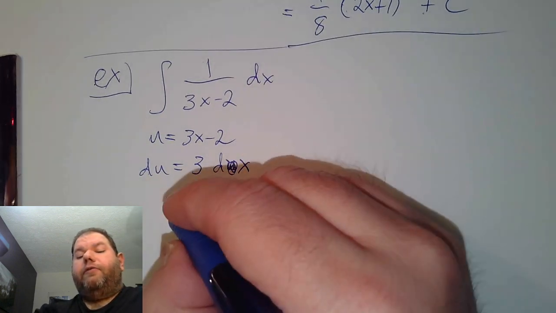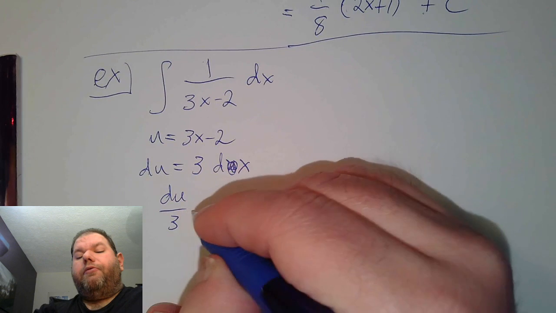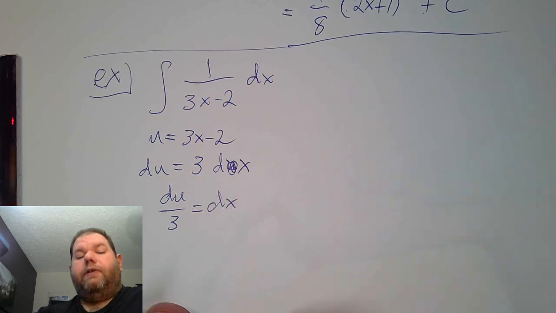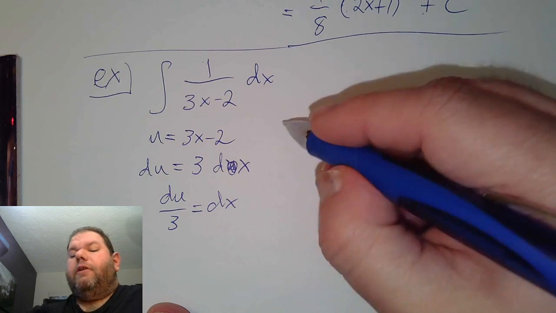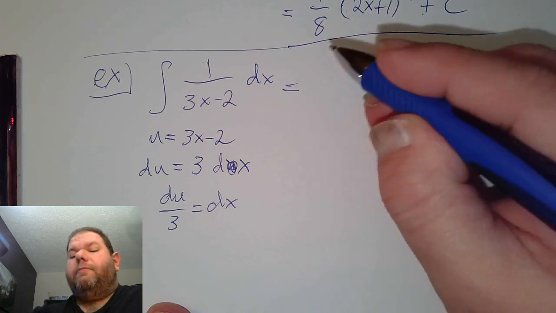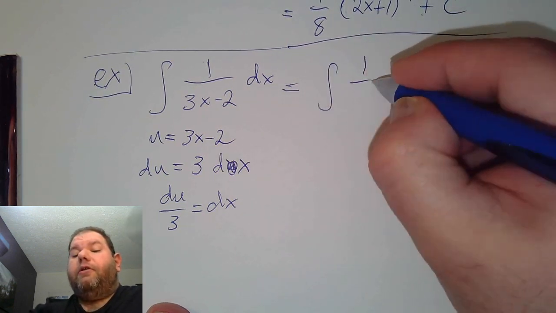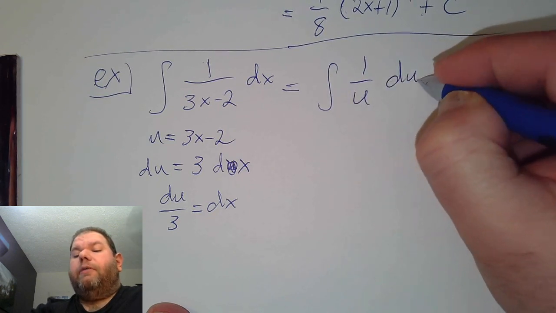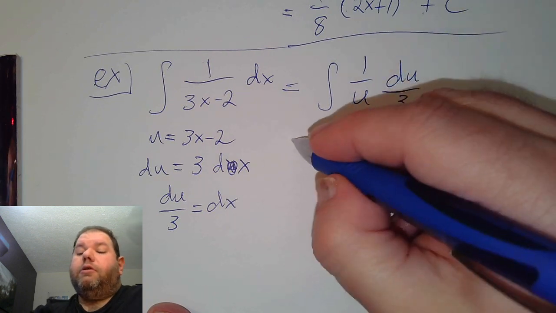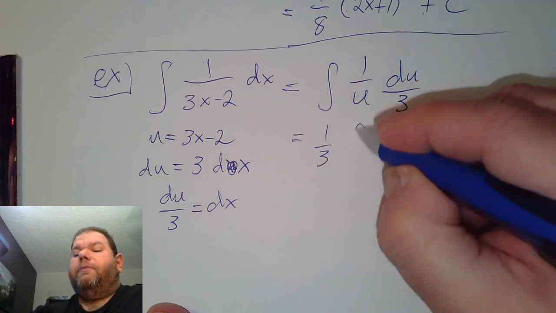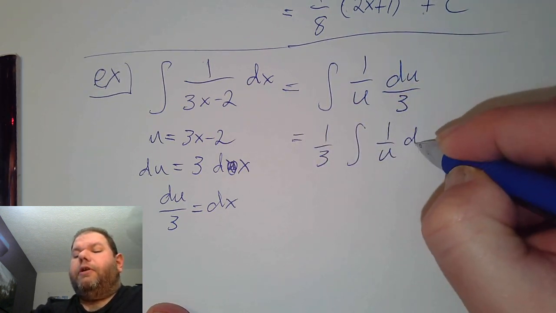So we'll divide this 3 over. Du over 3 can replace dx. And so we'll plug that in, so we get the integral of 1 over u times du over 3, or simply 1/3 times 1 over u du.